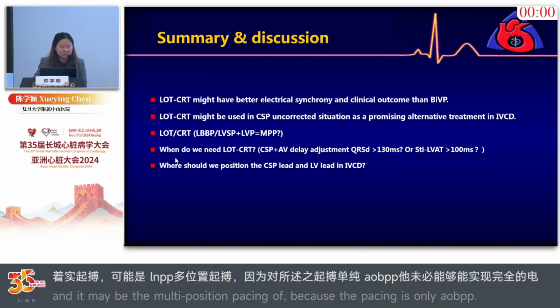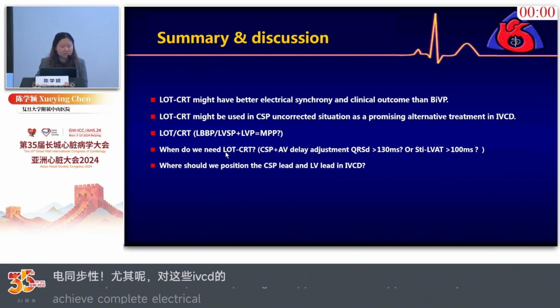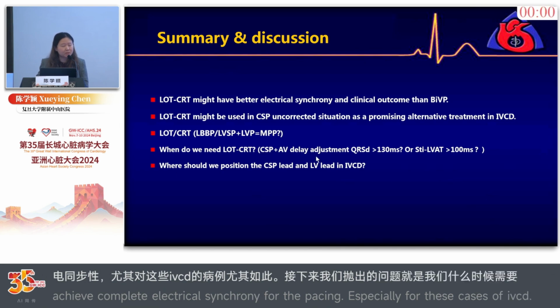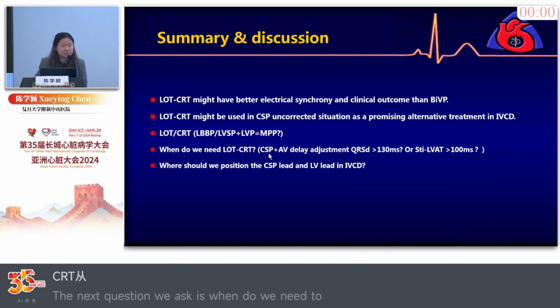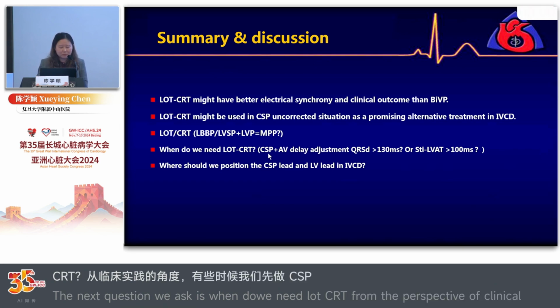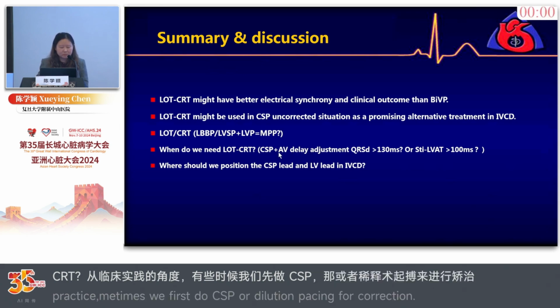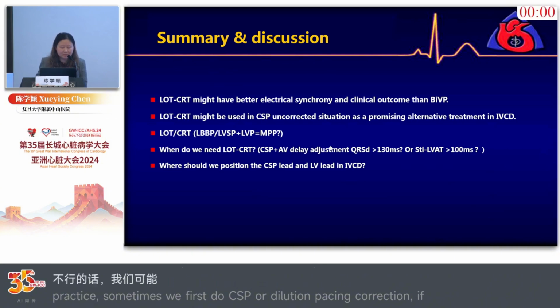So here comes the question: when do we need LoT? In clinical practice, maybe we do CSP first, trying His bundle pacing to see whether it corrects the conduction. If not, maybe we can do LBB pacing plus AV delay adjustment.